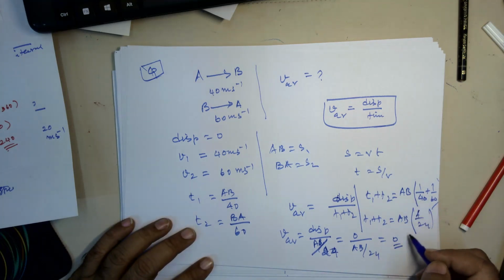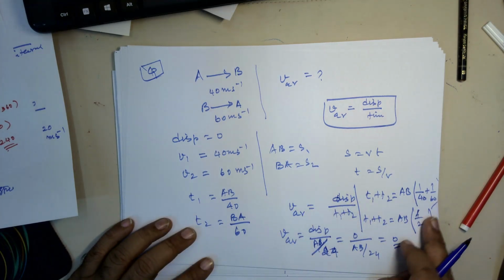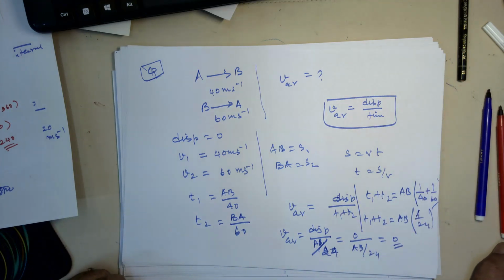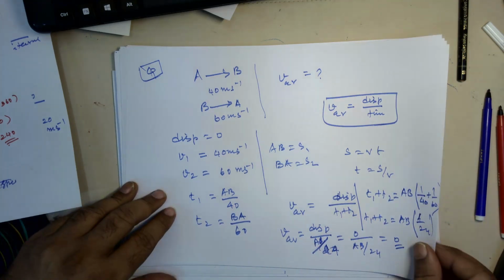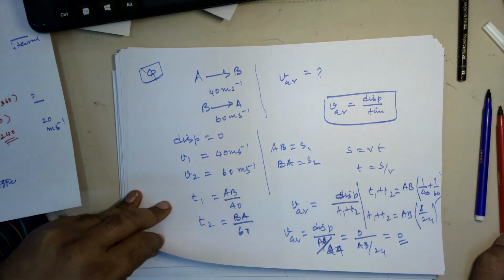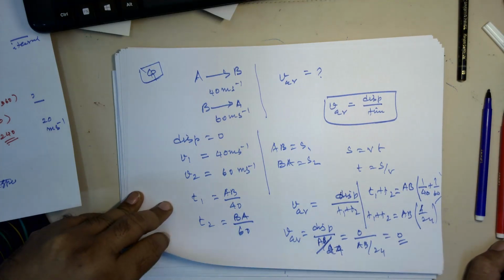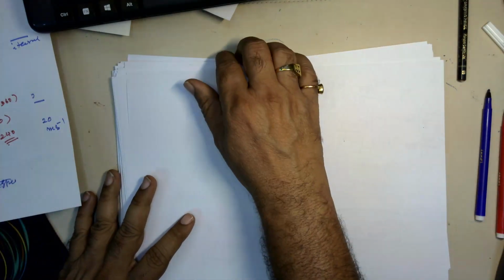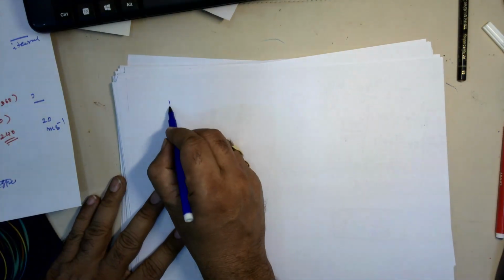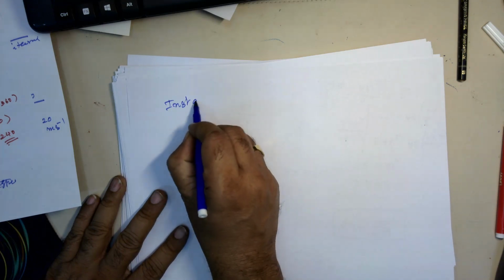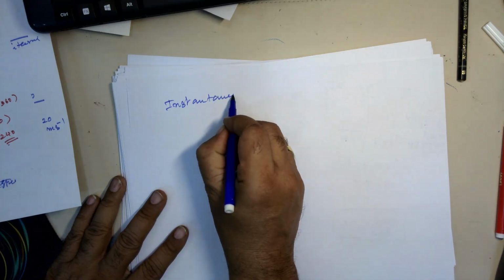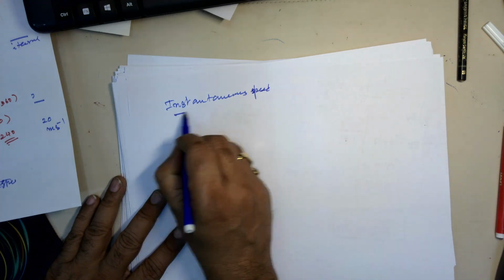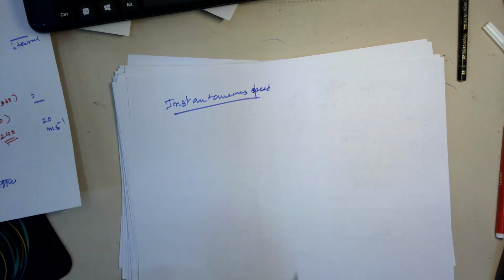And that is why I am maintaining this when I calculate the time. Then let us move to the last part, that is instantaneous speed. Instantaneous speed means the speed at any moment, in a short interval of time.